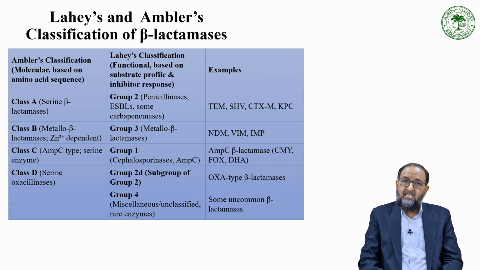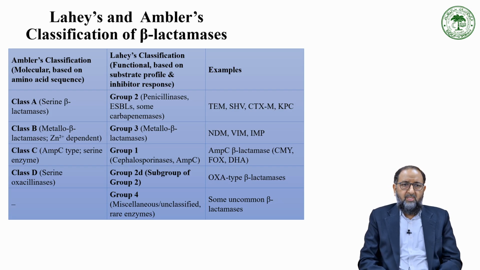Class A serine beta-lactamases. Then we have class B metallo-beta-lactamases with the zinc divalent ion, then class C AmpC type serine enzymes, and class D type serine oxacillinase or OXA enzymes. Now, these are the four categories of enzymes by the Ambler classification.